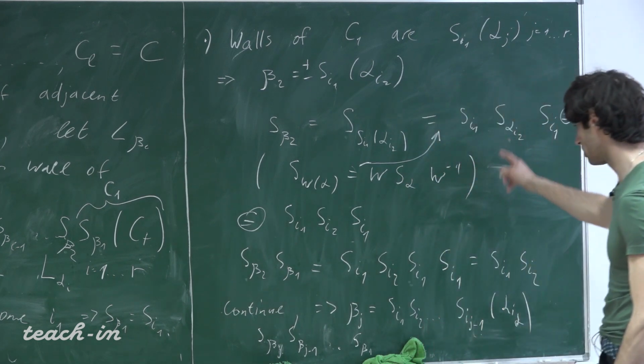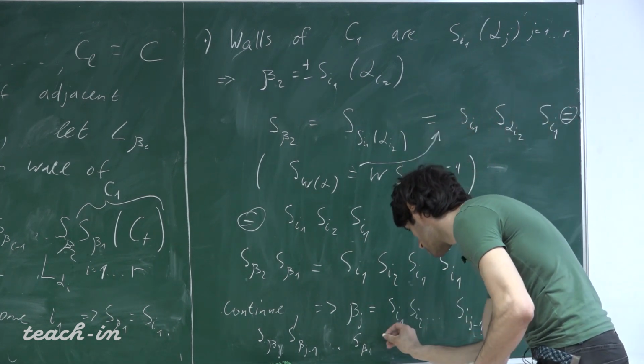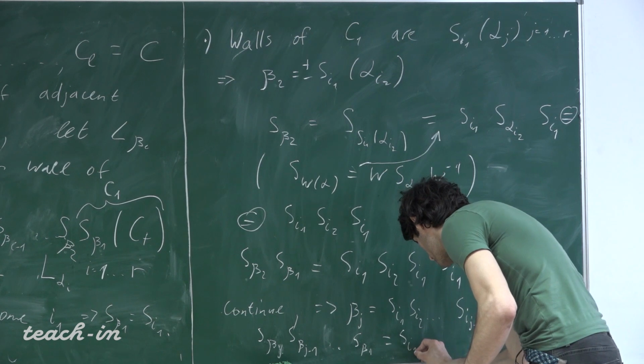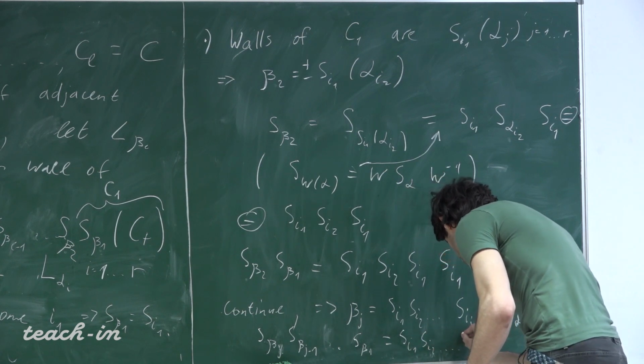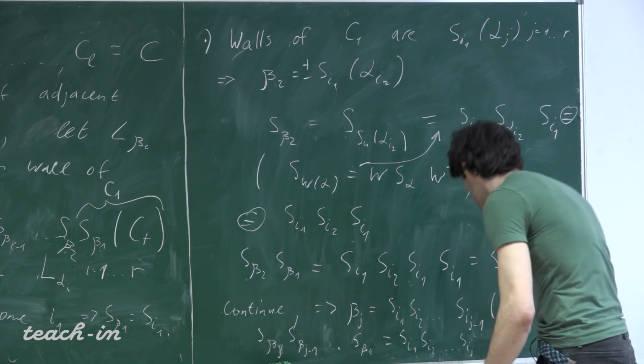Just the same computation as here, it is just S i1, S i2, and so on, S ij.